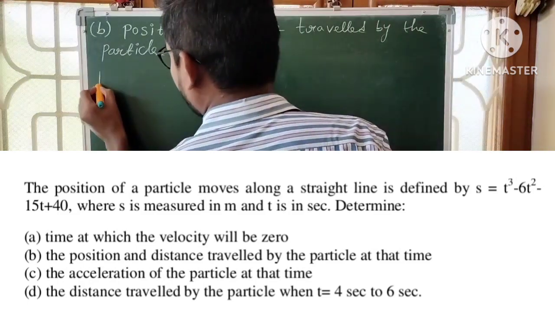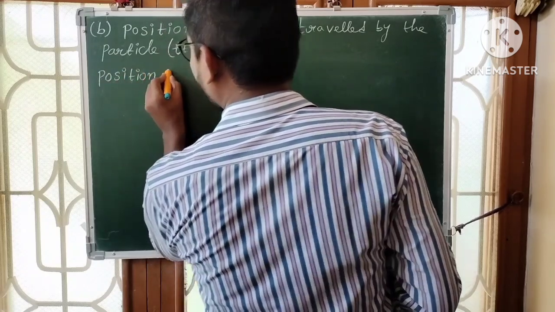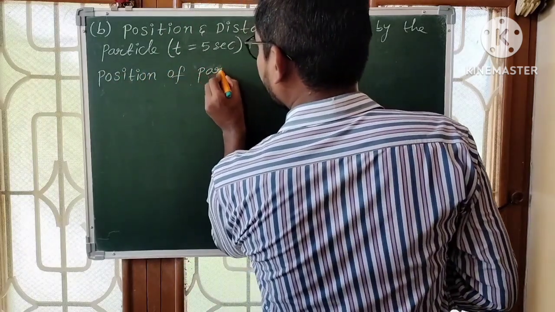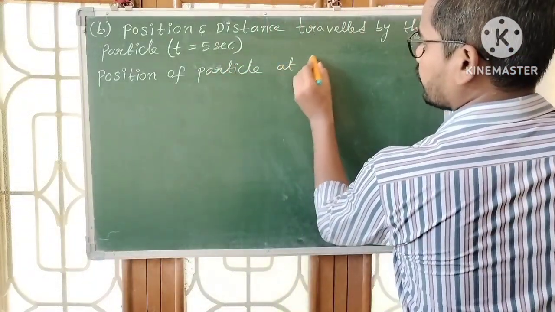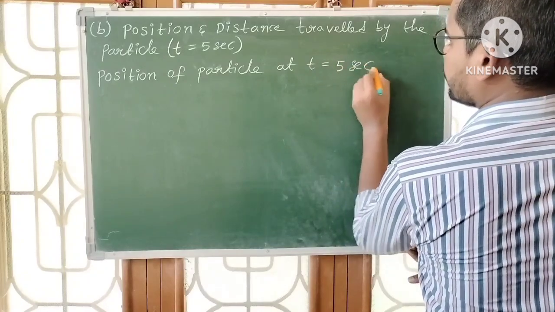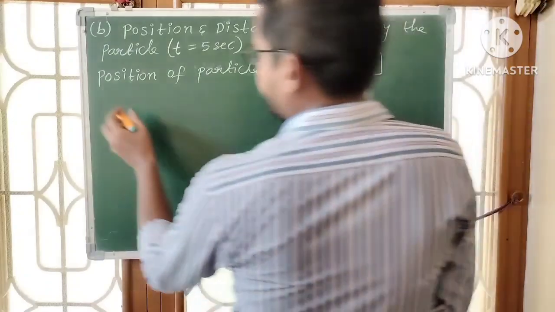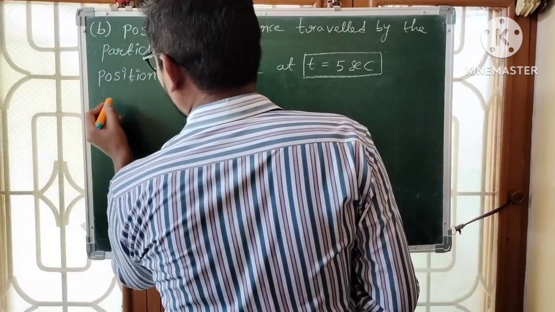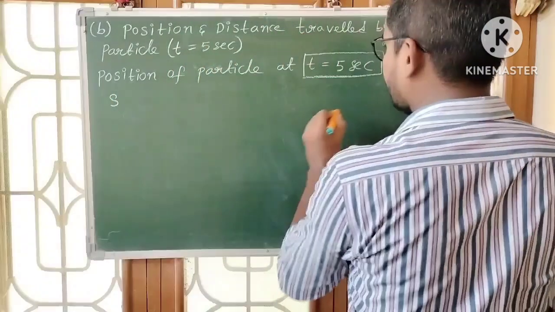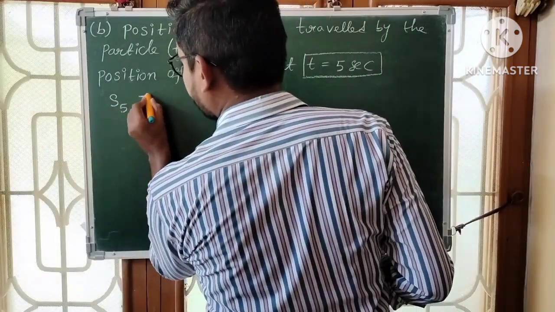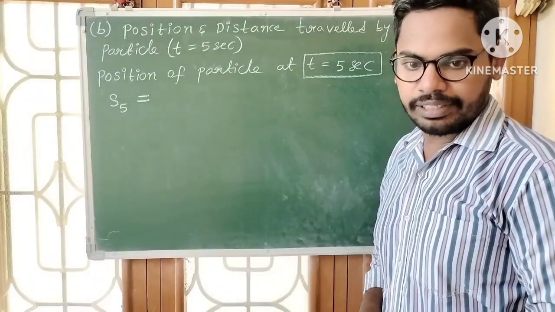First of all, let us find the position of the particle at t is equal to 5 seconds. Let us say the position of the particle at t is equal to 5 seconds is S5. First of all, what is the equation for displacement?